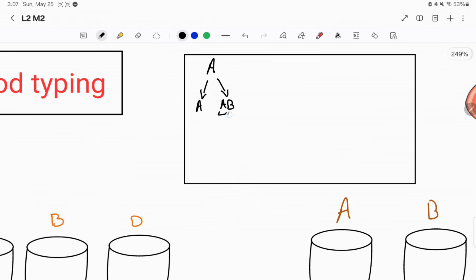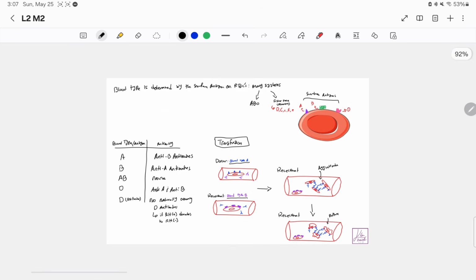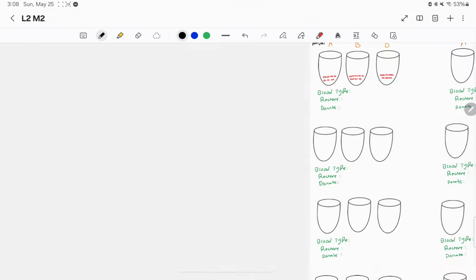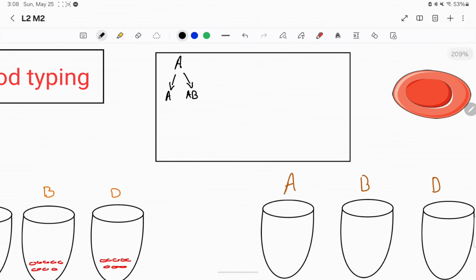Why can it give to AB? Because remember, let's go to the previous slide. AB has no antibodies in their system. So if I transfer blood type A into these guys, there will be no adverse reaction because they don't have any antibodies for this agglutination and rupturing response to occur.